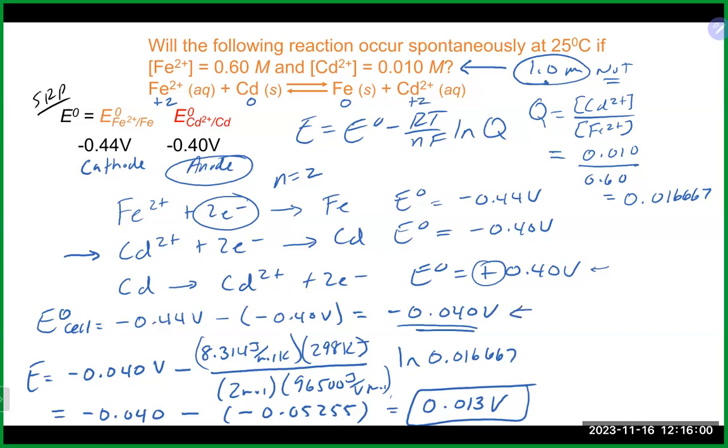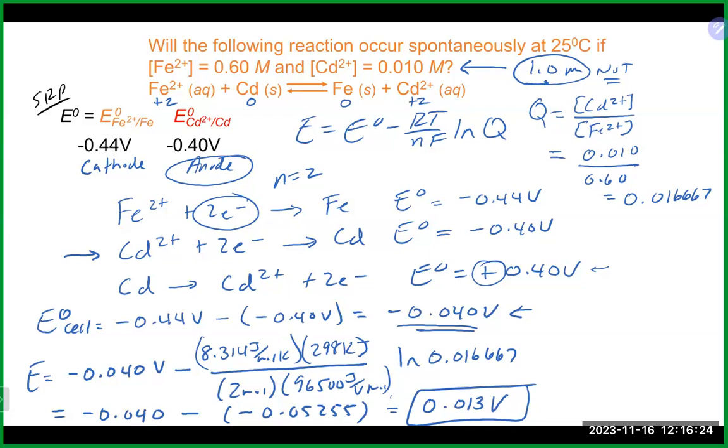Yeah, so that number right there would be what this cell would be if you built this cell under standard conditions, with your iron being your cathode and your cadmium being your anode. So if you built it under standard conditions, all the concentrations were 1 molar, you would end up with a cell voltage of minus 0.04, which would mean under those conditions, it would not be a spontaneous reaction.